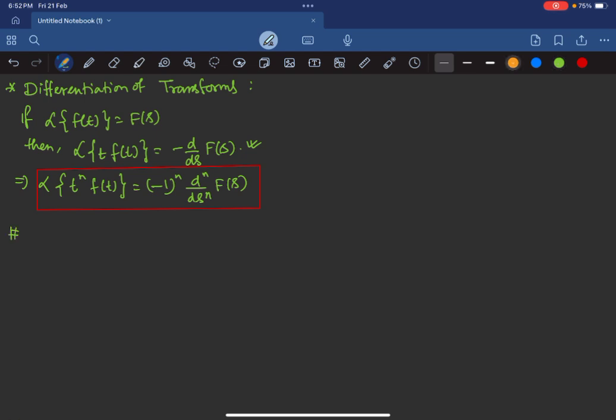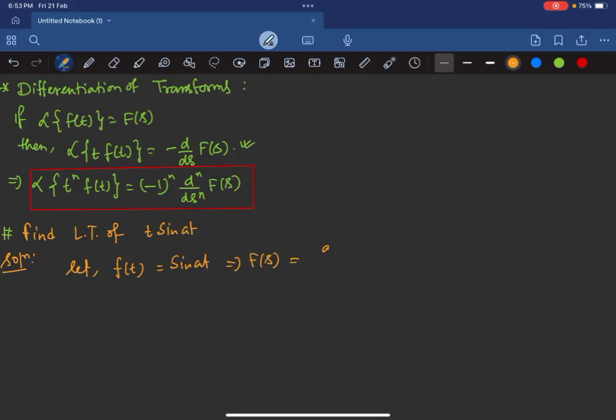Suppose, write down this problem: find the Laplace transform of t sin at. See the solution. Here let the function f(t) be sin at. You know that F(s) is a by s square plus a square.